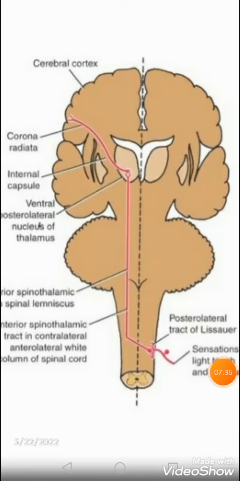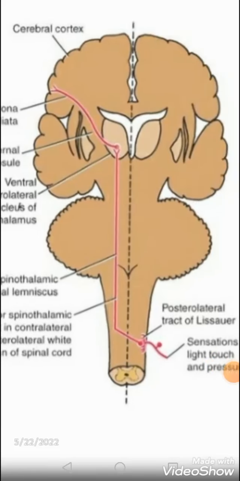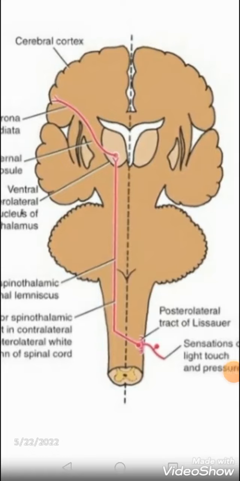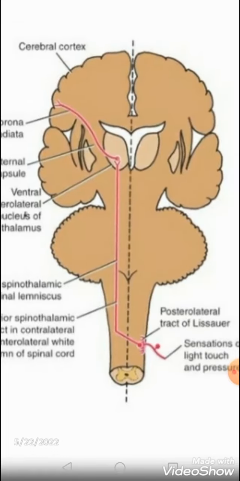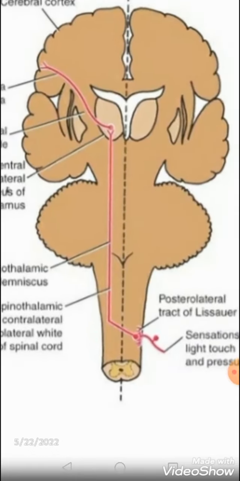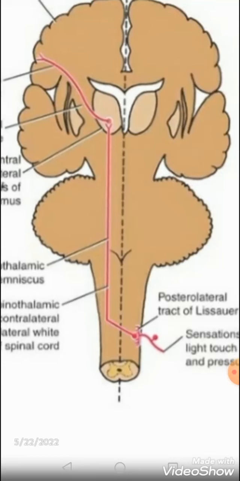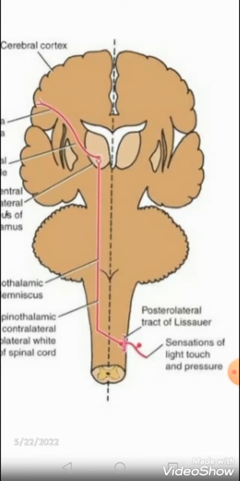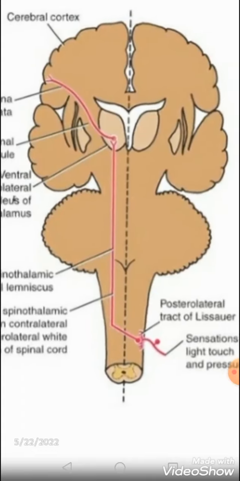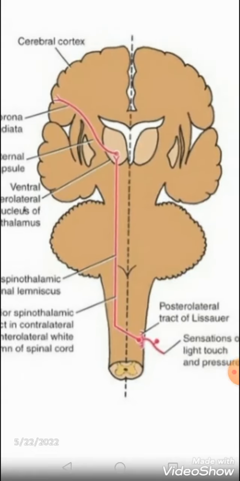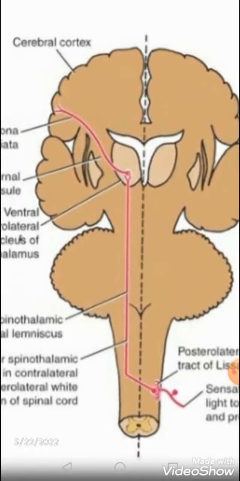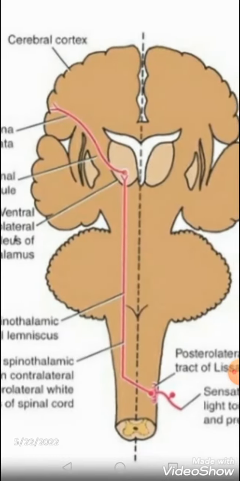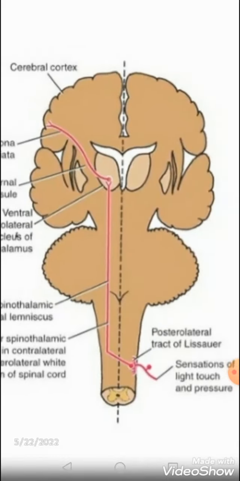Now you can see that the anterior spinothalamic tract is taking the crude touch, light touch or pressure sensation, and the fibers ascend upward and descend up to 1 or 2 segments of the spinal cord to form the tract of Lissauer, and then cross over to the opposite side of the body and ascend as the second order neuron up to the thalamus, and from here the third order neuron, and finally to the destination, the cerebral cortex, right?